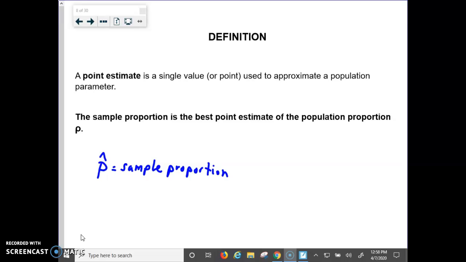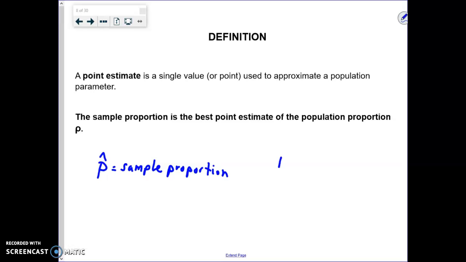Let's say out of those 100 people, 47 have blue eyes. Then the sample proportion of people with blue eyes would be 0.47. Why? Because it's 47 out of 100. So again, p hat represents the sample proportion. Rho represents the population proportion.